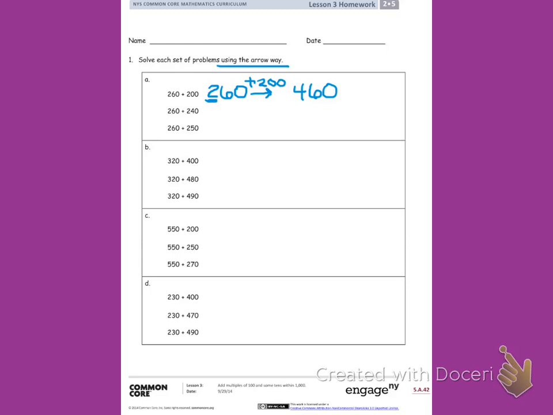Now let's do the next one. 260 plus 240. So here I'll start with 260 again. I'll look at the number in the hundreds place. That's a 2. So I'll add, again, two groups of 100. And we already know that answer from the one above. So that brings us to 460.